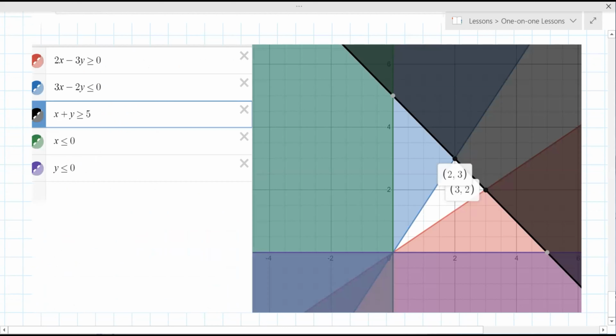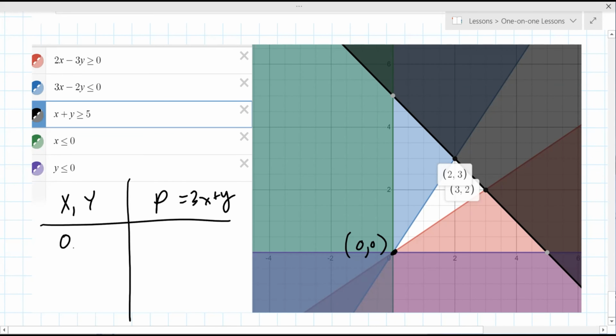So it does bound it. This does work because you've got this nice triangular region, and this one's 0, 0, which I didn't grab. So you are maximizing P equals 3x plus y, and we have only three choices here. 0, 0, well, that's almost never the case. 2 comma 3, it's 3 times 2 plus 3, that's 9.